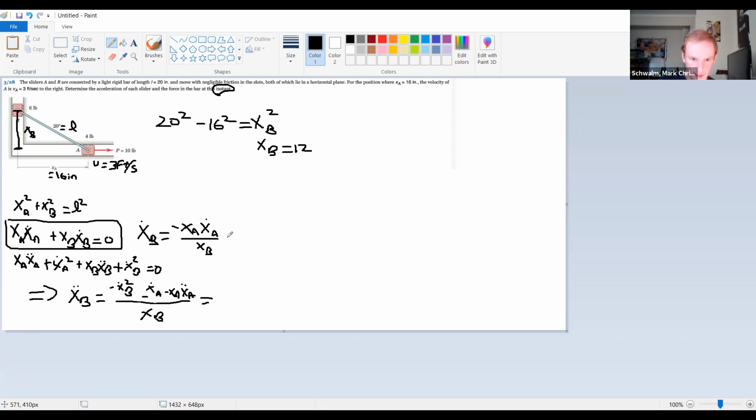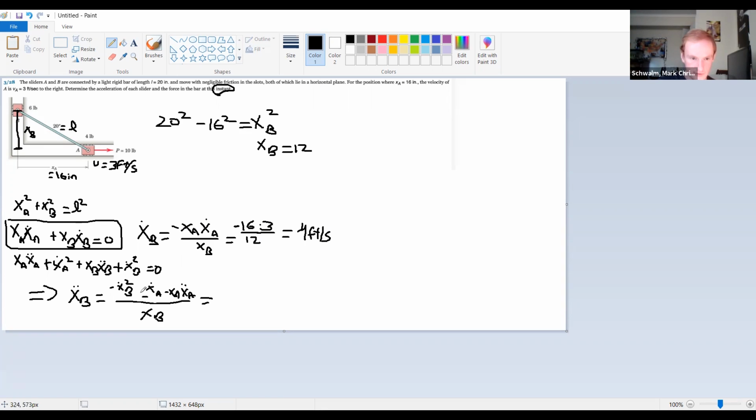And then we can just throw in this relationship where we have 16 over 12, negative by the way, and then times x a, which happens to be 3. We get a velocity of negative 4 feet per second.